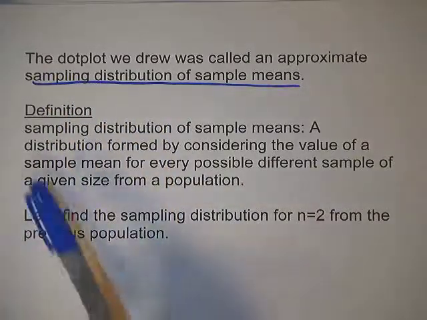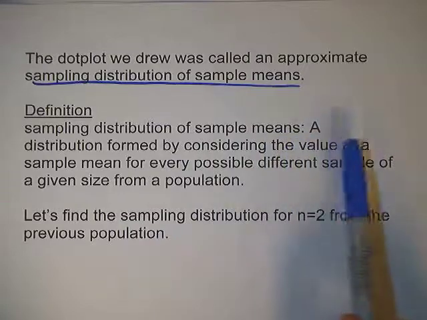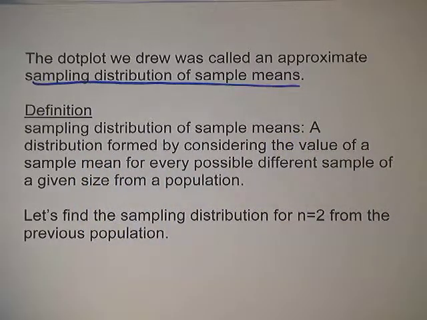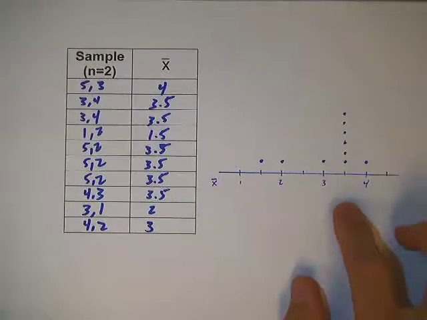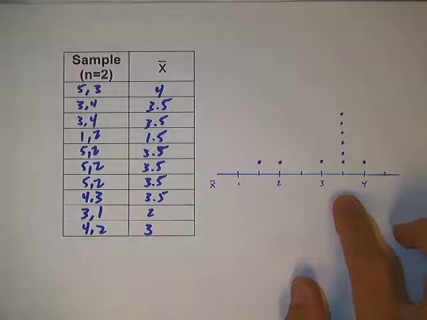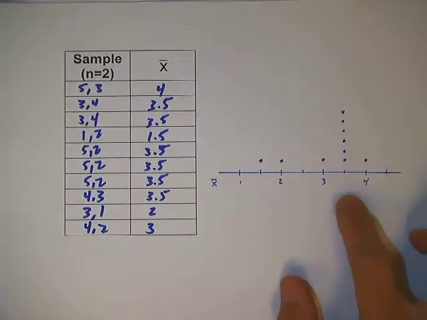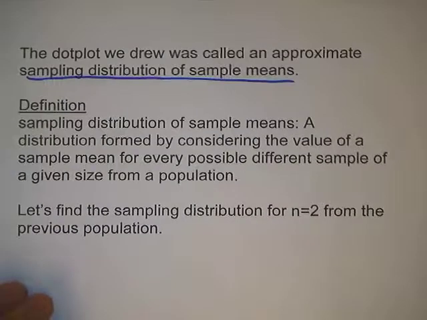A sampling distribution of sample means is a distribution formed by considering the value of a sample mean for every possible different sample of a given size from a population. Since we didn't consider every single outcome, this is just an approximate sampling distribution.